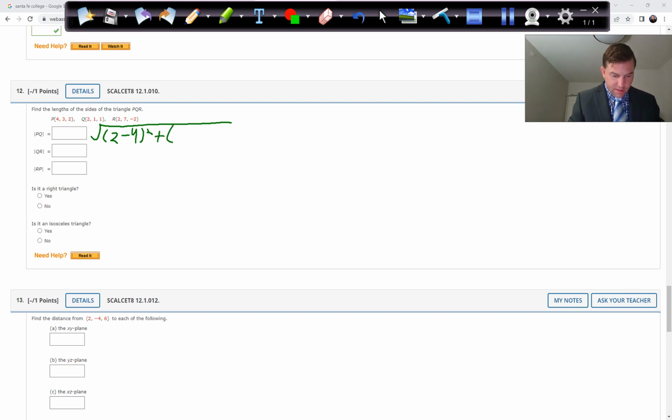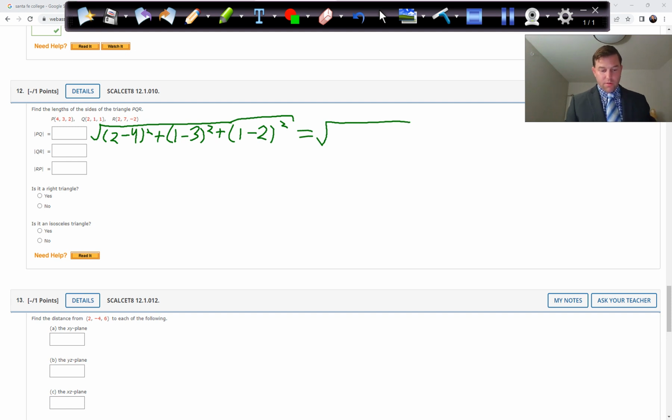Then we take Q's y value, 1, minus P's y value, 3, square it, plus Q's z value, 1, minus P's z value, 2, and square it. This is going to give us the square root of negative 2 squared is 4, negative 2 squared is 4, negative 1 squared is 1, nice number, square root of 9, which is 3.